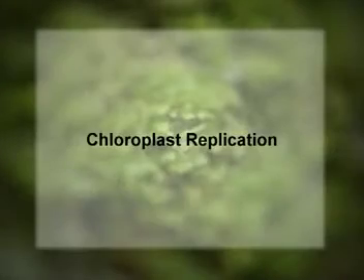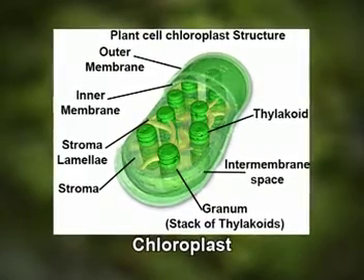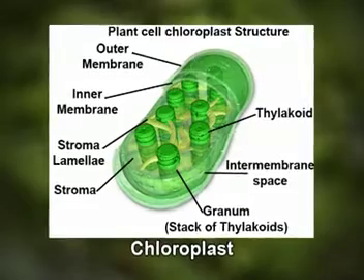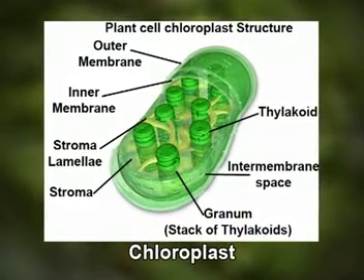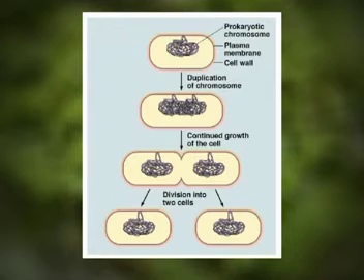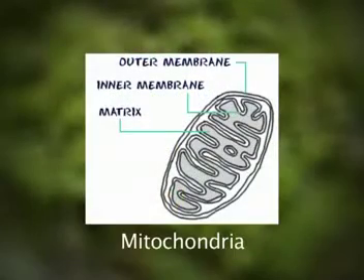Replication of chloroplasts. Chloroplasts arise from pre-existing chloroplasts during the life cycle of higher plants and are passed on to the progeny cells during cell division. The precise manner in which chloroplasts divide is not known, but electron microscopic evidence suggests that division is executed by a type of binary fission similar to that which occurs in bacteria and mitochondria.